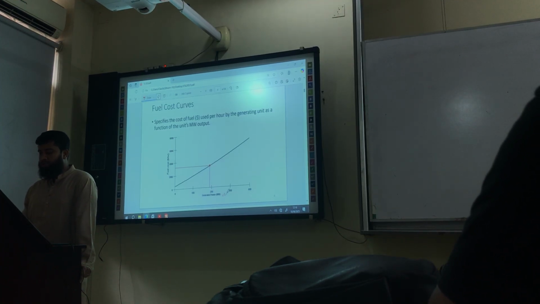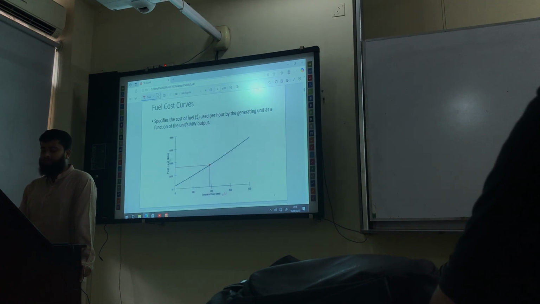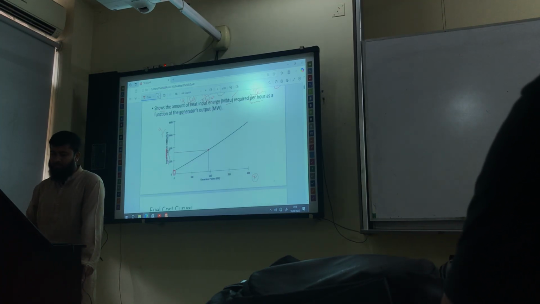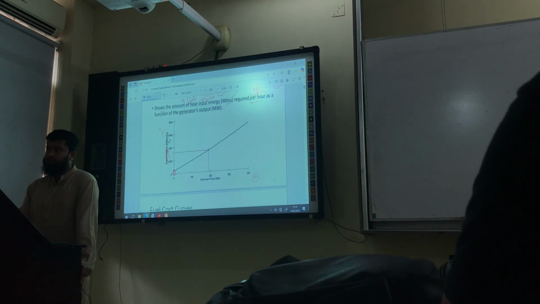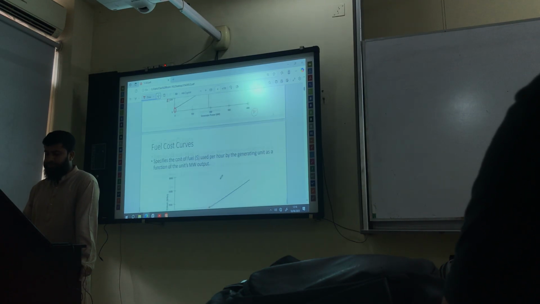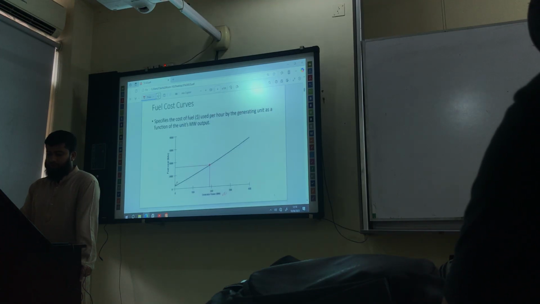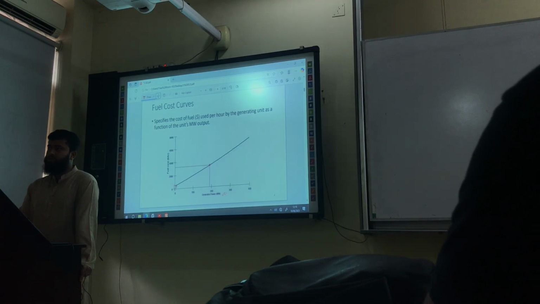Here the x-axis variable is the generator power in megawatt, but in the y-axis we have the fuel cost, and the unit is dollar per hour. Previously we had the heat input energy in MBTU per hour, right? And the x-axis is the same for both curves. Obviously, at the initial stage there will be some non-zero fuel cost, right? To start up our system.